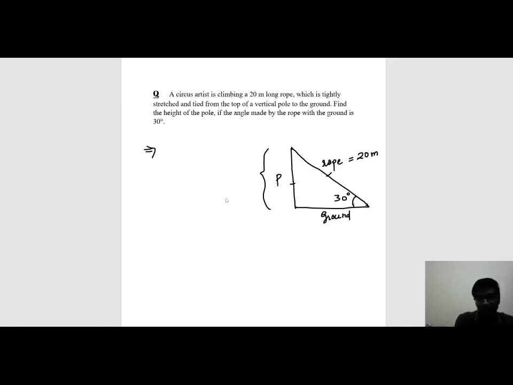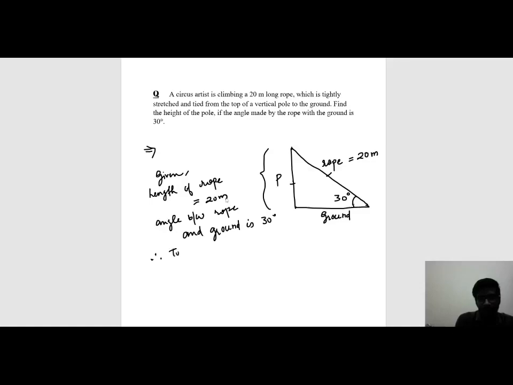Let's first write the given things. Given: length of the rope is equal to 20 meters. Angle between rope and ground is 30 degrees.